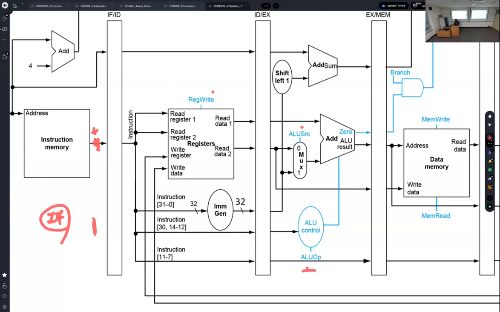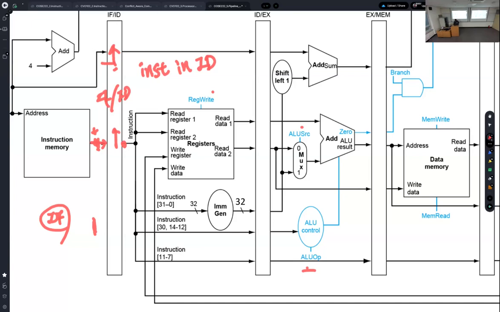This instruction is then latched by the instruction fetch and ID pipeline register. Then we can get the instruction in ID just after the rising edge of the clock at the instruction fetch and ID stage pipeline register.